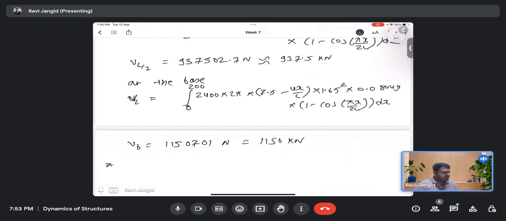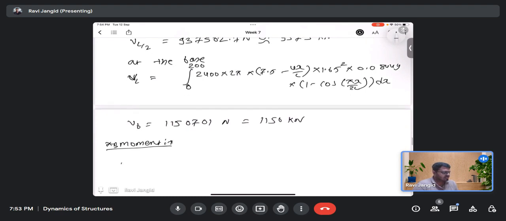Now come to the bending moment. To find out, let us suppose the moment at L by 2. For this, we need to integrate from L by 2 to L. This formulation I think has been discussed in the class, so I am not going into the detail. Fx into dx.